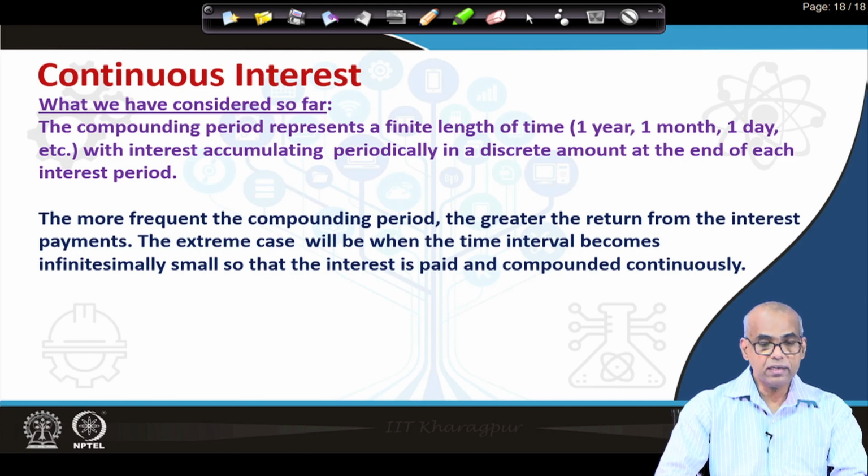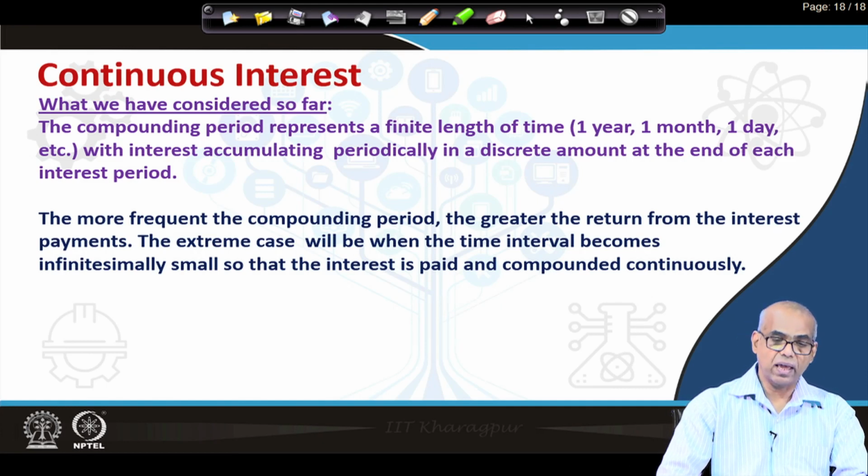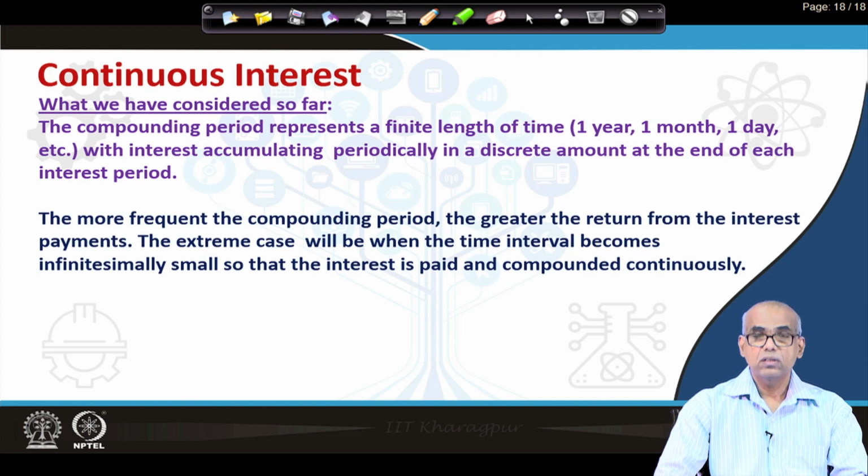So, if you go on increasing the frequency at which we compound the interest, in the extreme case, we will make the time period extremely small, so that the interest is paid and compounded continuously.